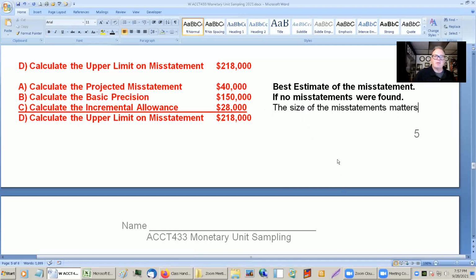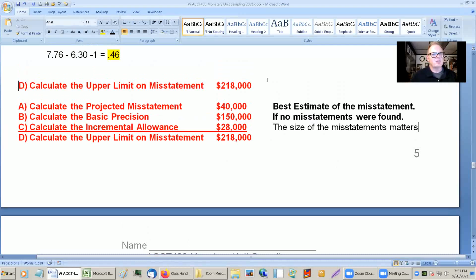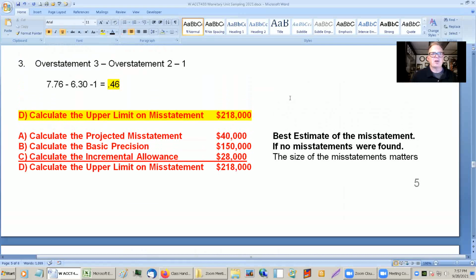If they're big misstatements, they matter more. So the size of the misstatements matters. And this would be the number that you'd be looking for when you do the sample. You say, okay, according to our sample, our best estimate is off by 40,000, but because it's a sample, it could be off by as much as 218.